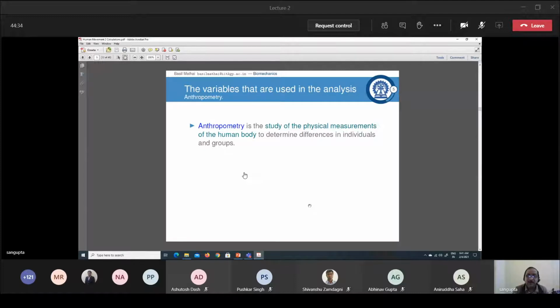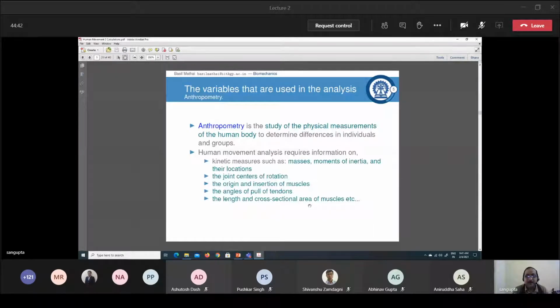But essentially, when you use the inertial parameters, as I told you, you need the anthropometric data. Now, human movement analysis requires the following information: mass, moment of inertia, and their locations. Okay?